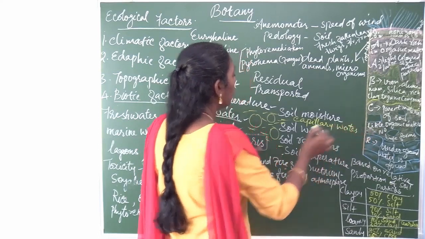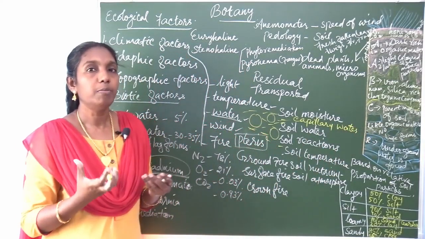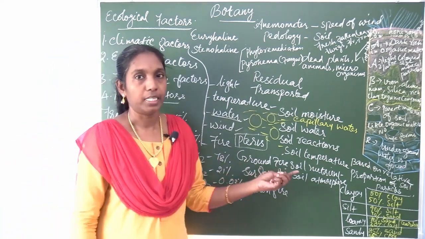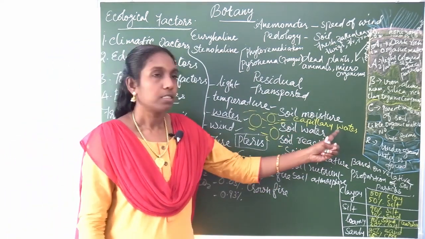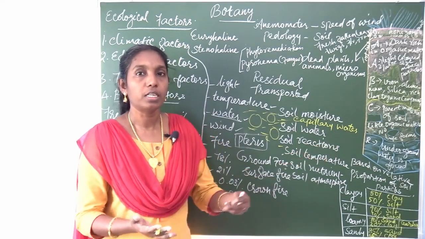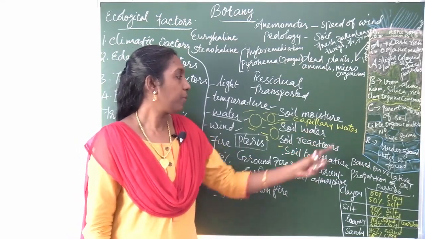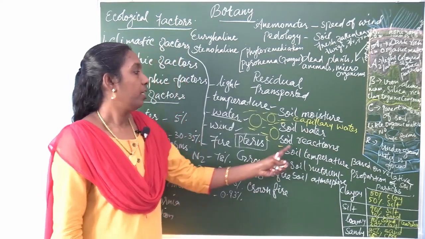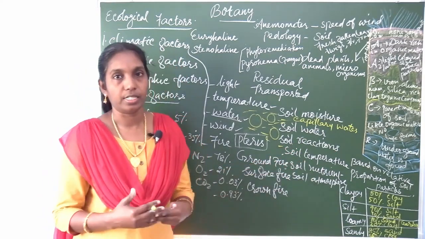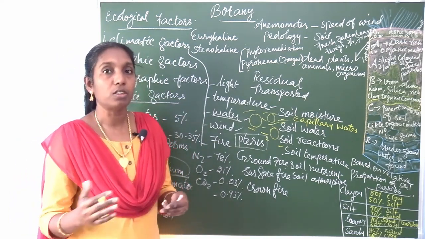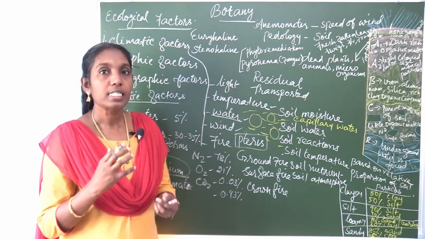This capillary water is the available water, which is very important for the growth of the plant. So capillary water, it's a one word question: which form of water is used for the growth and development of plants? Capillary water. And soil reactions. There are a number of reactions based on the soil substances.